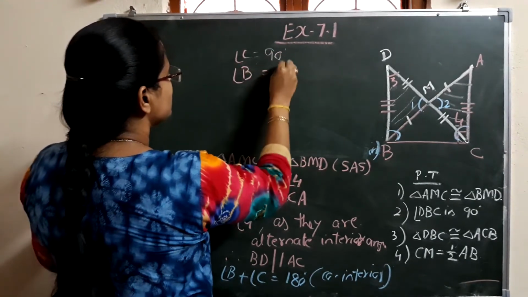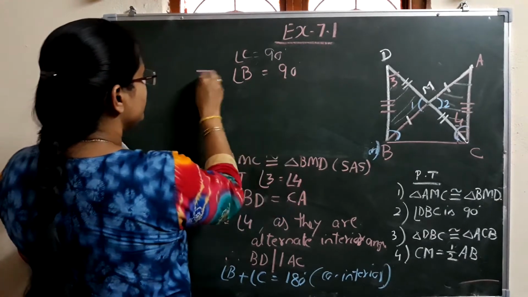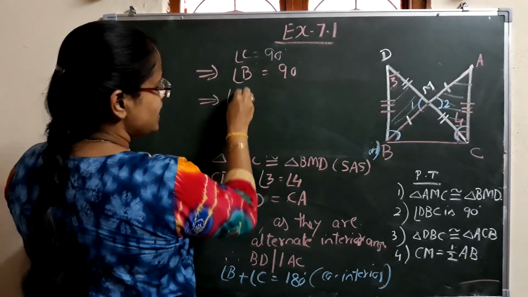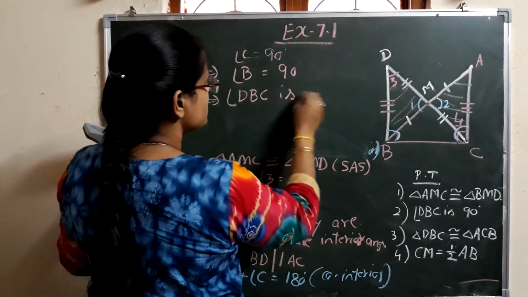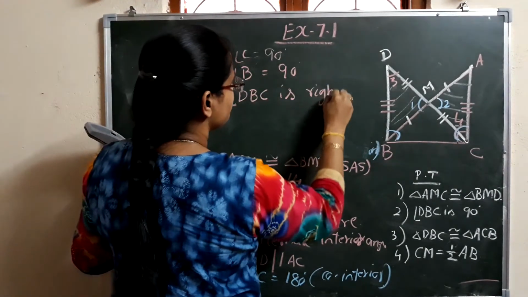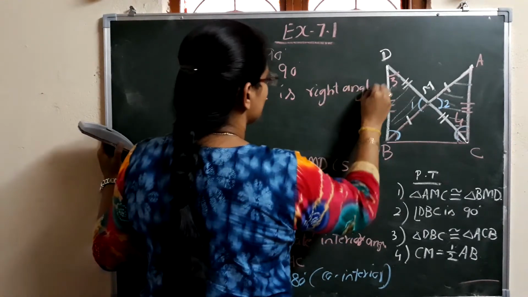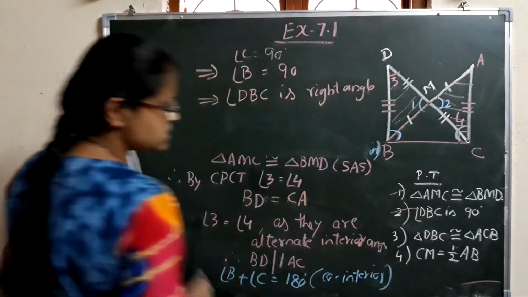Therefore, this implies angle B is also equal to 90 degree. So, hence angle DBC is right angle. Our first part and second part is completed.